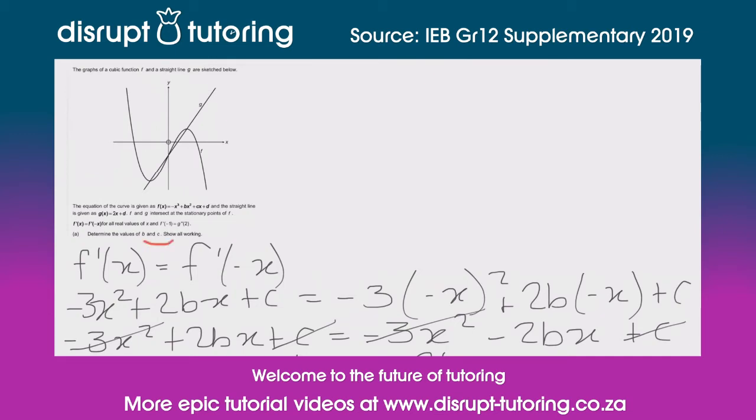They've also asked us to calculate c. And I'm going to use this other very important thing they've told us. So they've said to us f dash of minus 1 equals g double dash of 2. So I'm going to first calculate g double dash of 2. Okay, so let's first calculate g dash x. Okay, and that's going to give us, so we're going to use our exponent law again. That's going to give us 2.